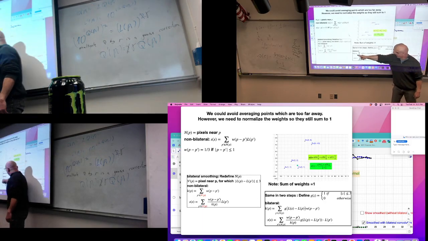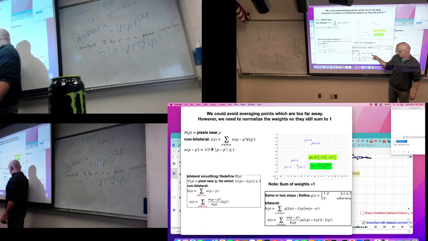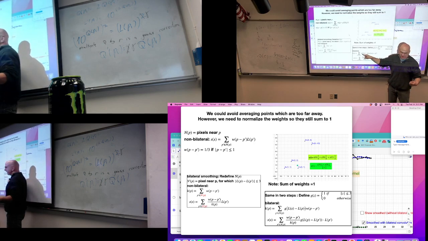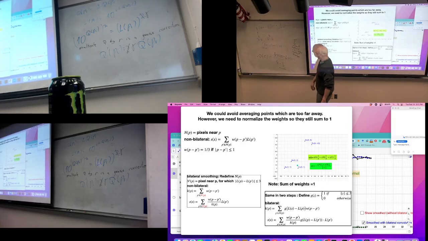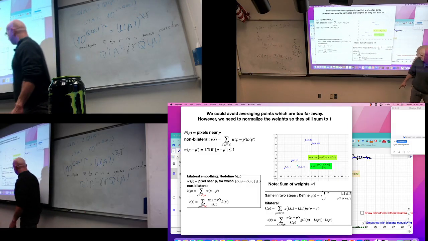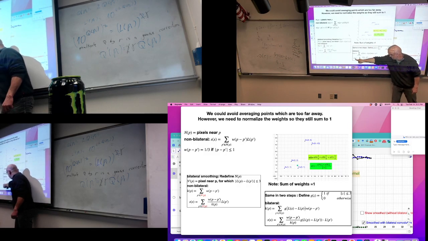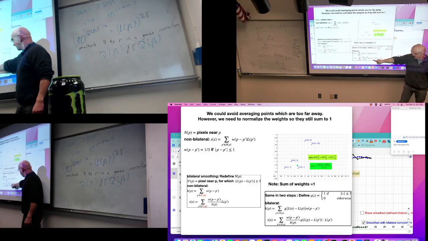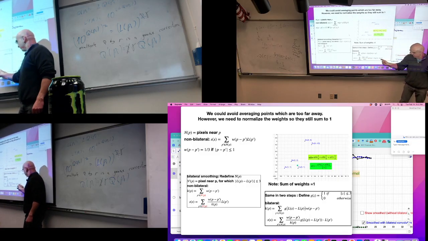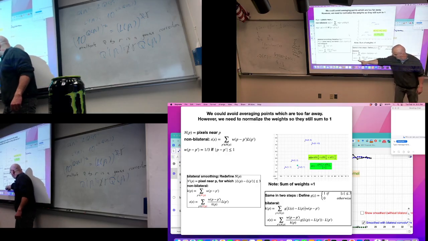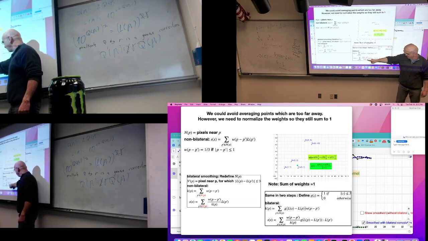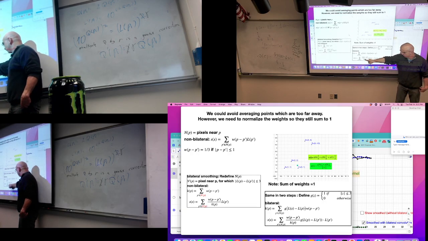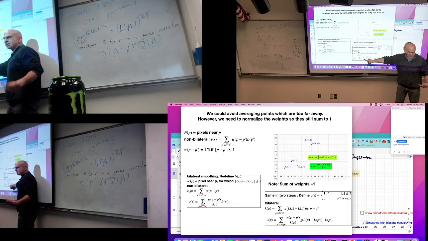So K of P will be the normalization function. Just sum up all the weights that are in the game, just sum up the 1 over 4 plus 1 over 2 in this example. And now the average at X is the sum over P prime near X of L of P prime times the weight that I give to it, divided by K of P, the normalization factor, the sum of all the weights.